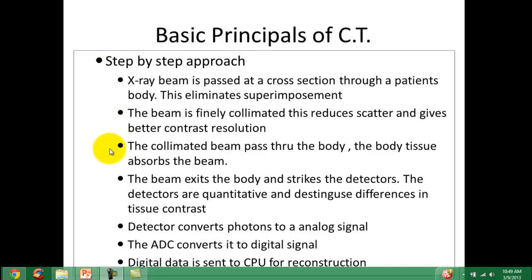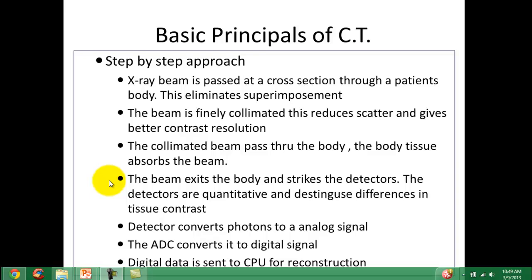So our collimated beam is going to pass through the body. We're going to get differential absorption. Different tissues will absorb the beam to more or less degrees than other areas of the body. And ultimately, some of that beam or a portion of the beam will exit the body.